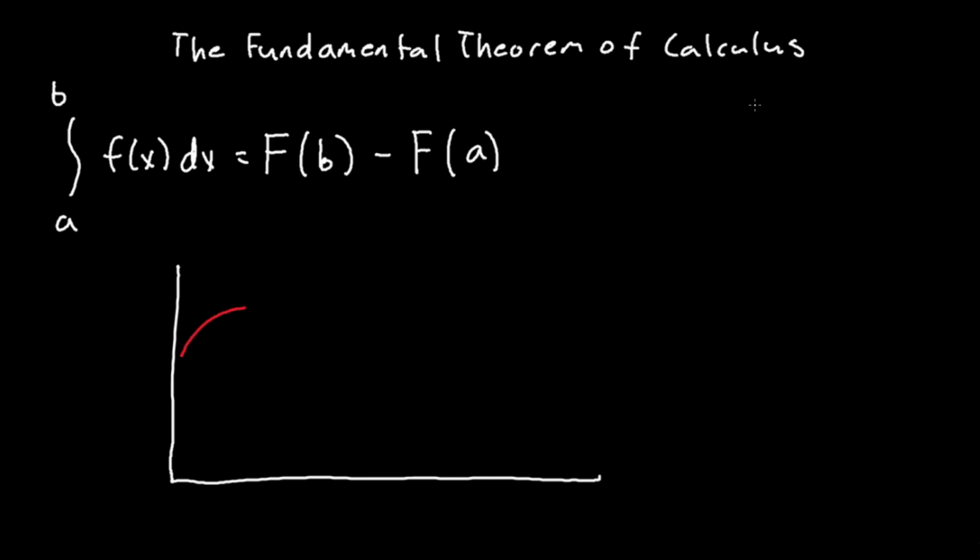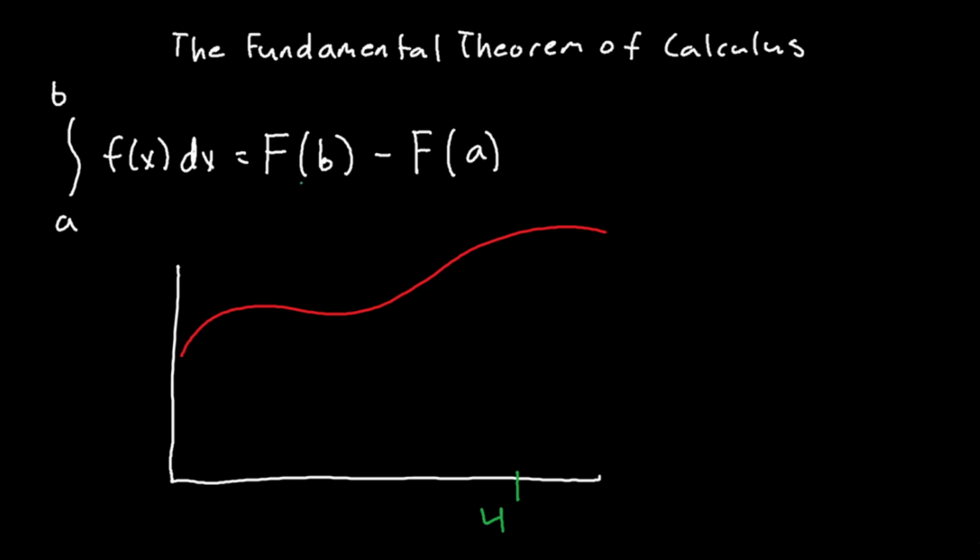Let's say you have some function, doesn't matter. I just drew a curve. And let's say you found the antiderivative for this function right here. It's just an arbitrary function, just squiggles, doesn't matter what the function is. It's just a very general way to explain it. But let's say this bound up here is 4, right?